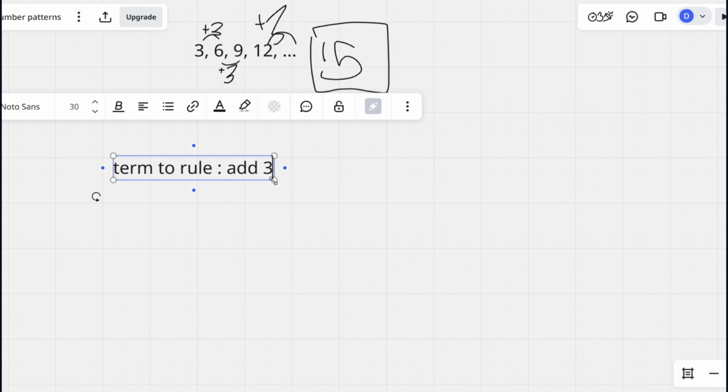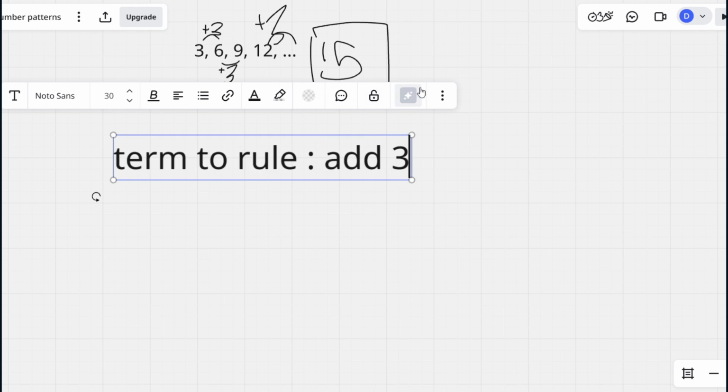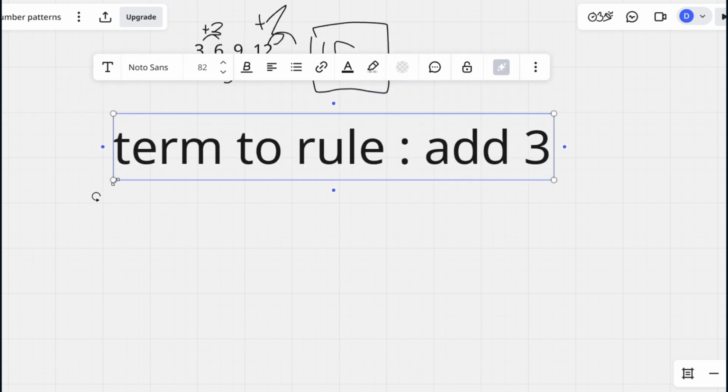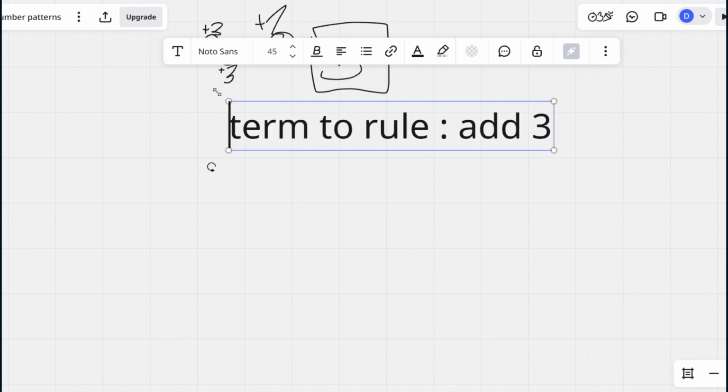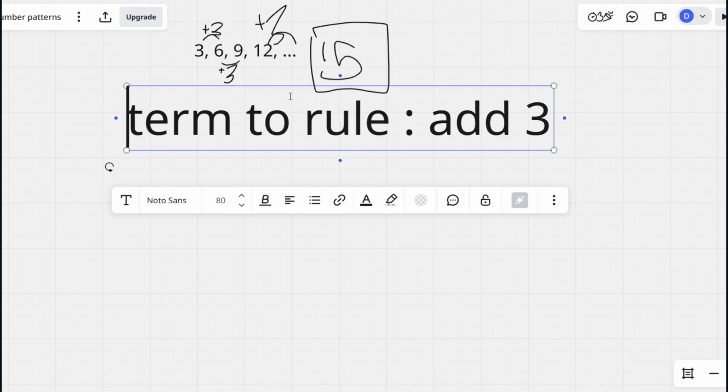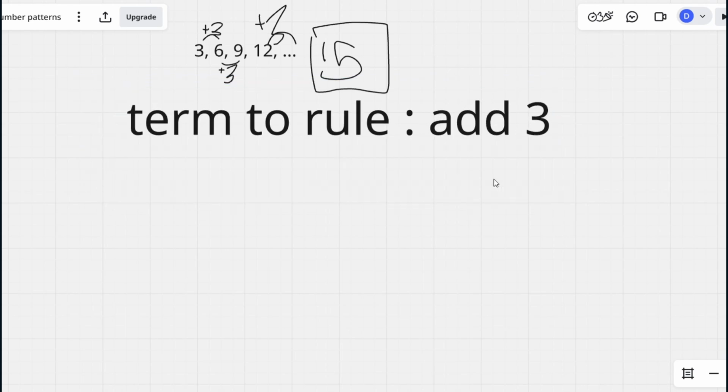So now that we have it, let's make it into a huge picture. The term-to-term rule in this pattern is add 3.